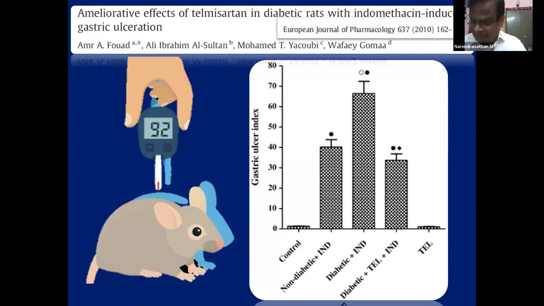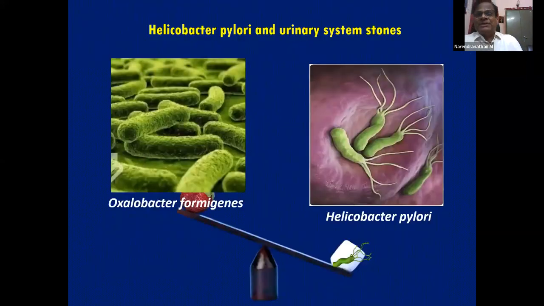You can unmute. There is a very interesting study: there are normal bacteria in the intestine called Oxalobacter formigenes. These use up the oxalate and prevent it from going into the bloodstream. It has been found that when Helicobacter pylori colonizes, the concentration of Oxalobacter formigenes comes down, so more oxalate is sent to the system, and that is one of the explanations given for more stones seen in persons with Helicobacter pylori infection.